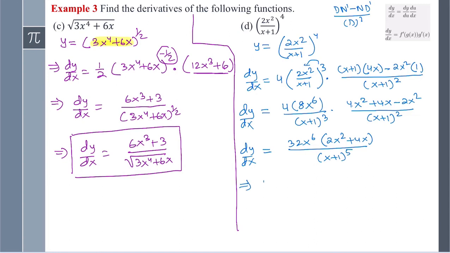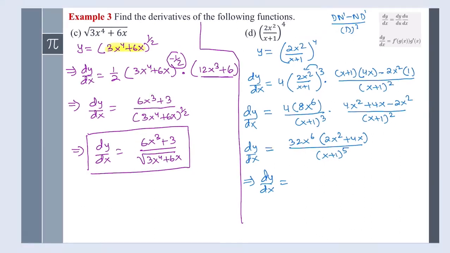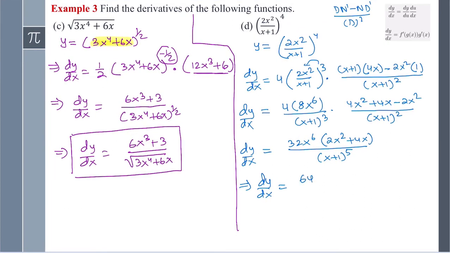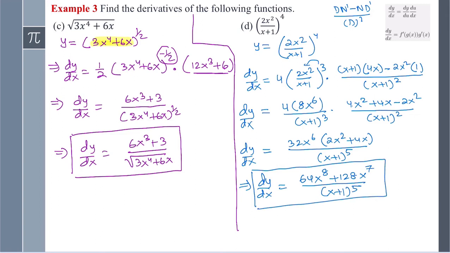Now finally, we can leave it here in factored form, but let's go ahead and multiply. When we multiply this, we get dy over dx equals 64 x to the 8th plus 128 x to the 7th, divided by x plus 1 to the 5th. So that is the derivative.